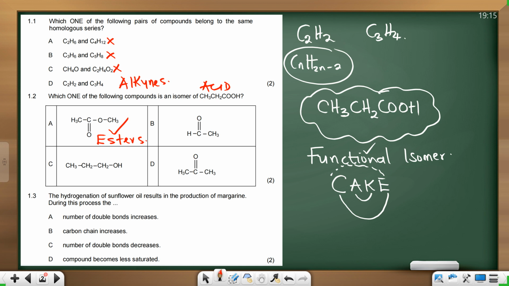All right, I see propanoic acid. What about the ester? I'm interested in the ester.